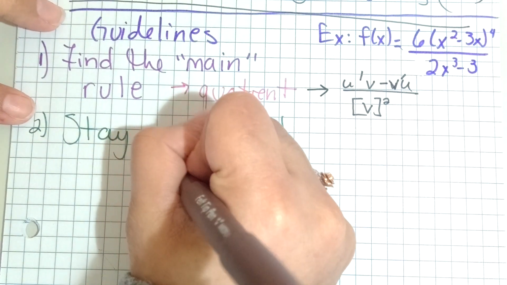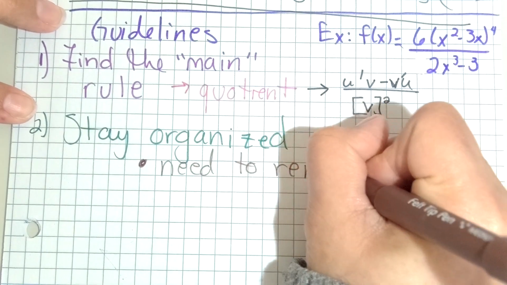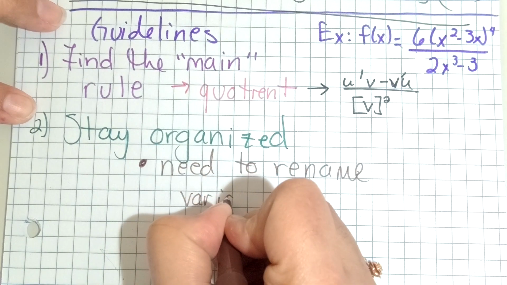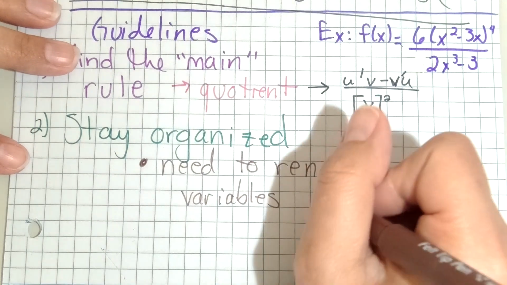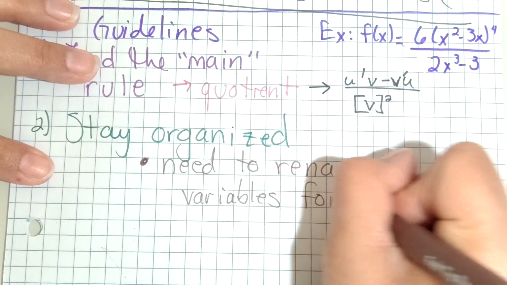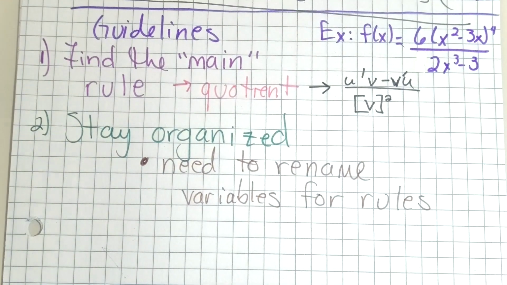Because you're going to need to rename, if you want, variables for other rules. Now, somebody in my last period said that they just want to use U and V. That's fine.